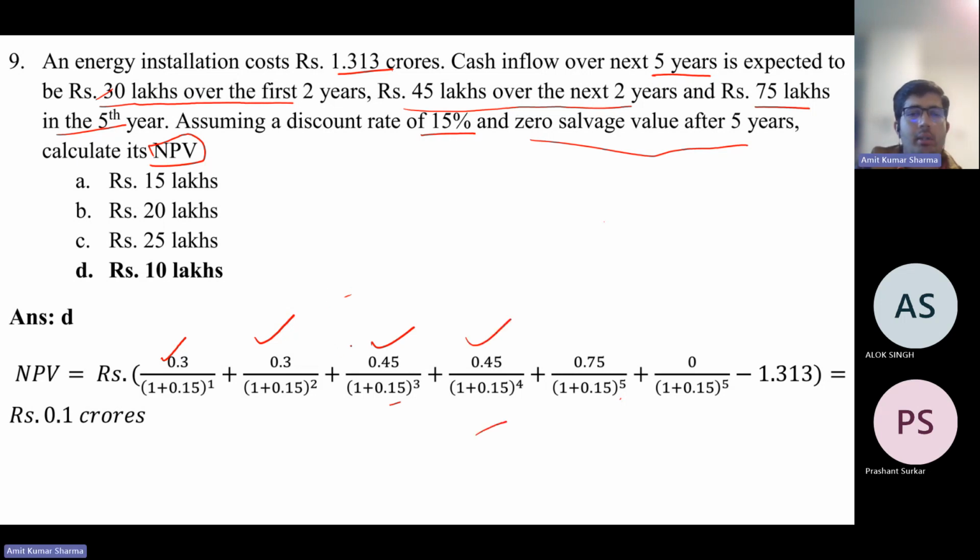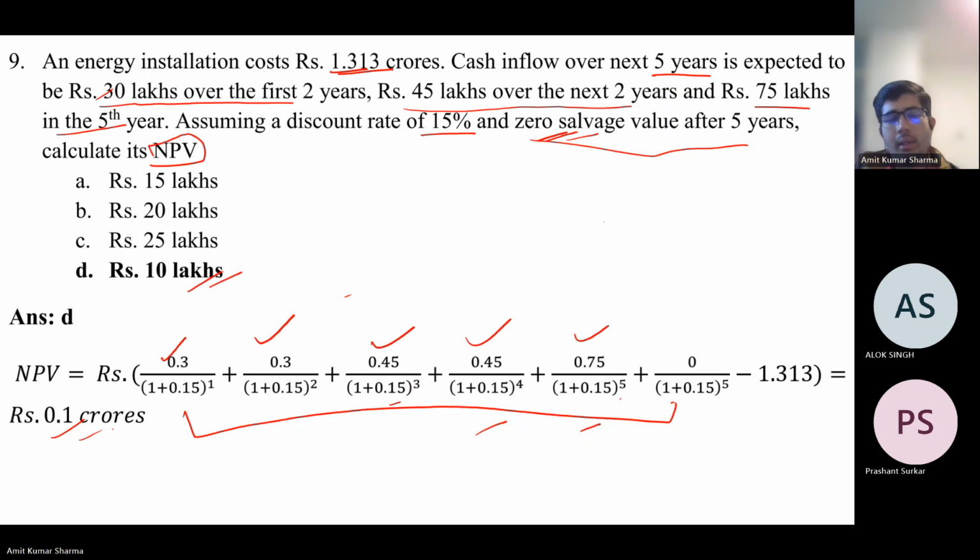This is for the fourth year, this for the fifth year. And the salvage value is 0, that's why 0. Then the outflow is 1.313, minus 1.313. Both are in crores. If you calculate these terms and subtract, you will get 0.1 crores, or you can say 10 lakhs.